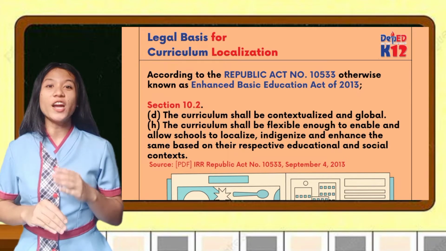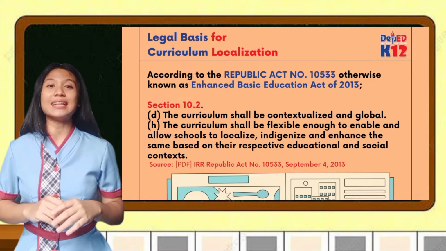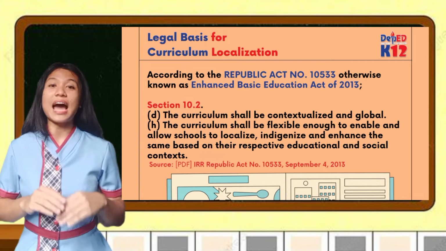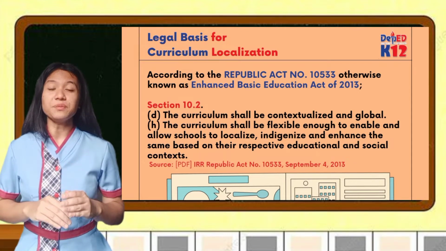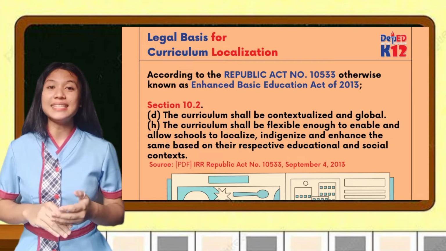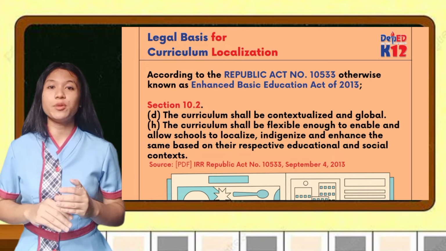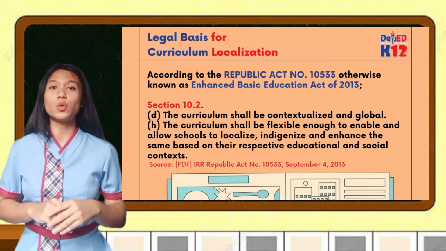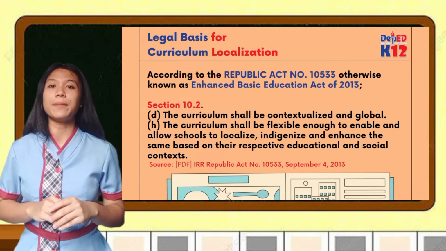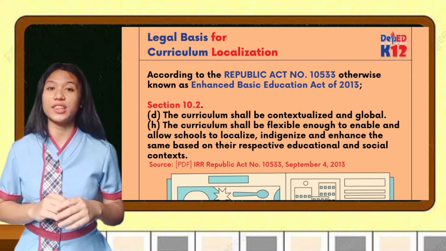This is RA number 10533, or also known as the Enhanced Basic Education Act of 2013, and under Section 10, it states that the curriculum shall be contextualized and global, and also the curriculum shall be flexible enough to enable and allow schools to localize, indigenize, and enhance the same based on their respective educational and social context.